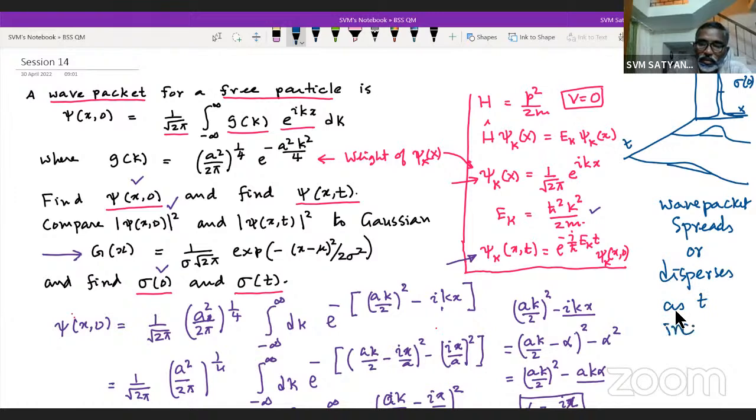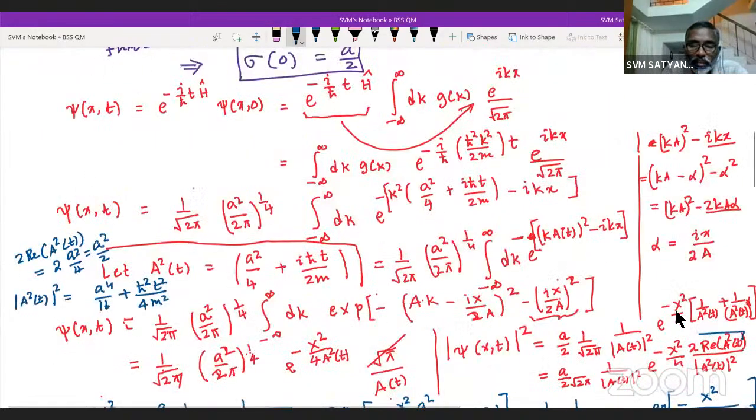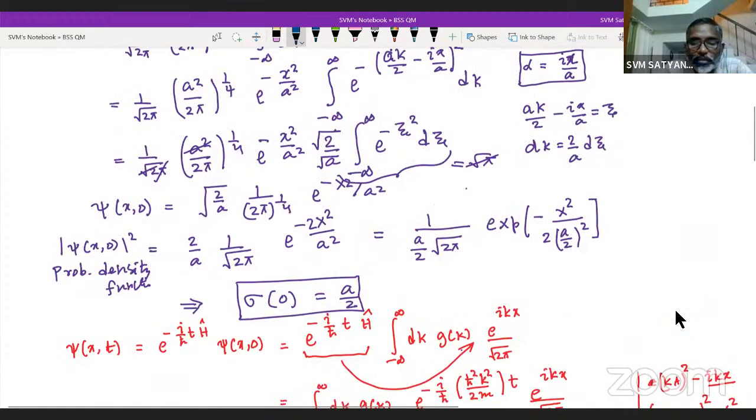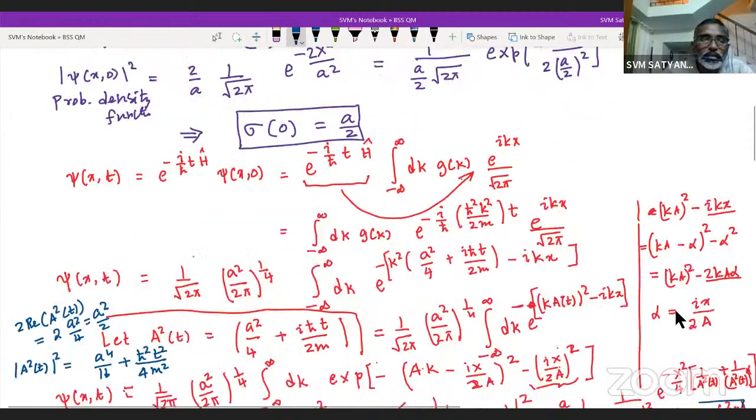So this is the result that we are able to show mathematically also, that we are able to calculate the expression for the sigma, that is the Gaussian's width, in terms of time. Okay, so we have completed. If you have any questions, you can ask.